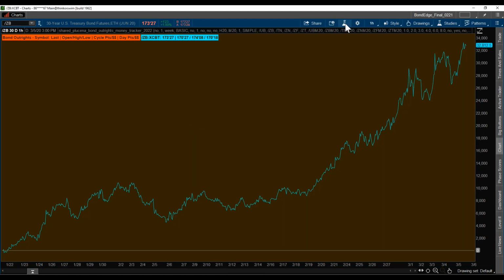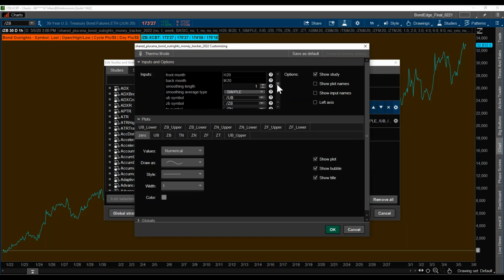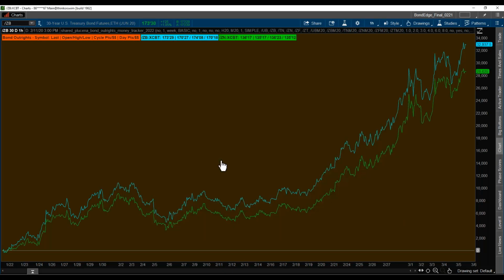What's cool is if I scroll down and look at the 10-year, now I'm just looking at the 10-year future contract against the bond contract. But again, no prices. We're looking at everything in P&L.